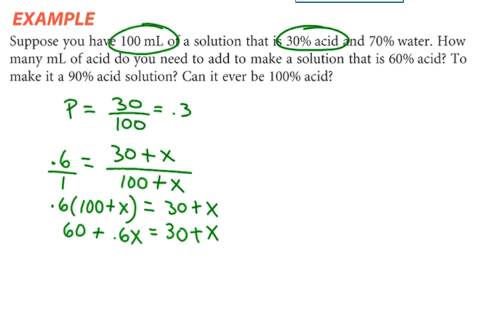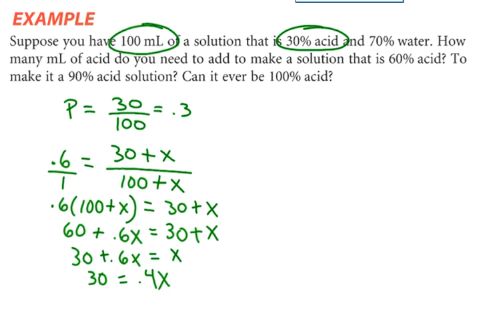Now what I'm going to do is I'm going to subtract 30 from both sides of the equation. So 60 minus 30 is 30. On the right side, 30 minus 30 is 0, so I just have the X. Then I'm going to subtract 0.6X from both sides of the equation. So I'm going to get 30 equals 1X minus 0.6X is 0.4X.